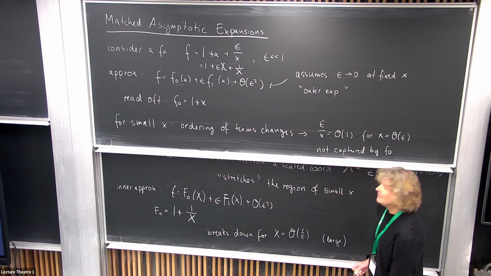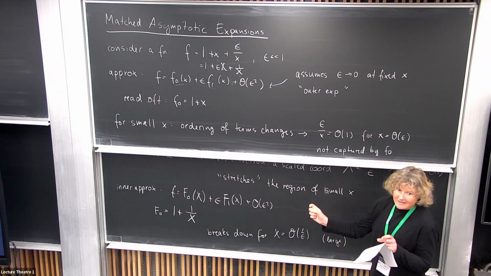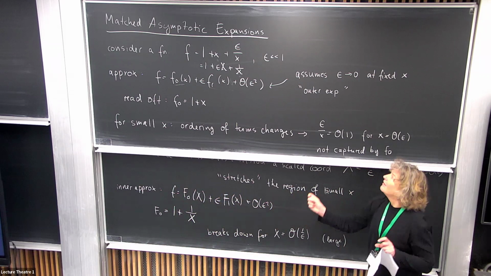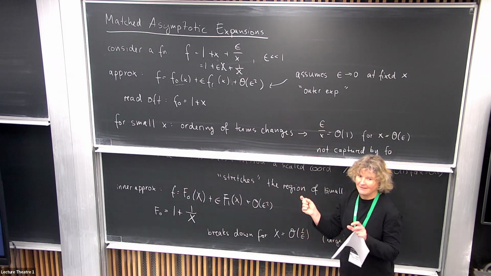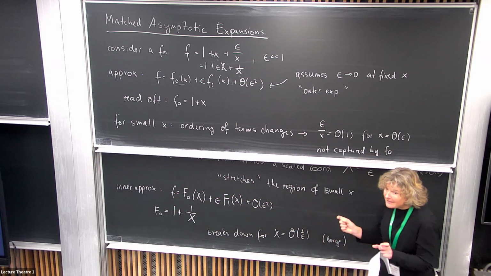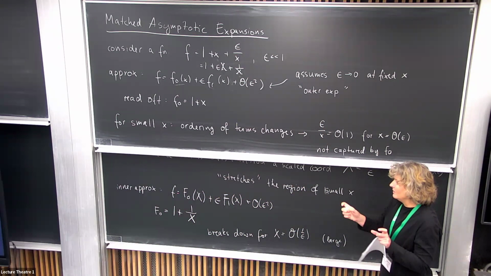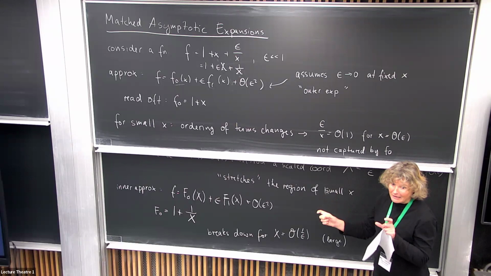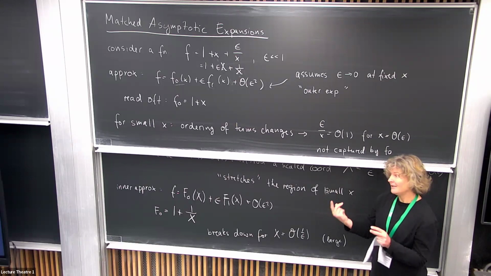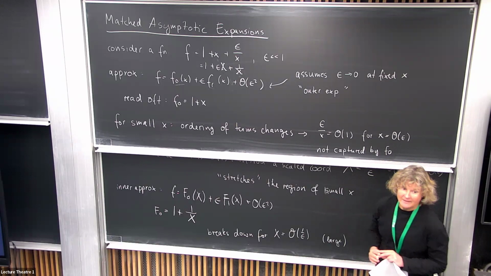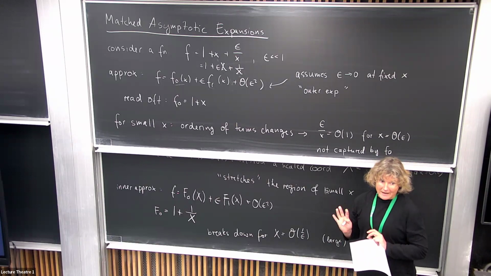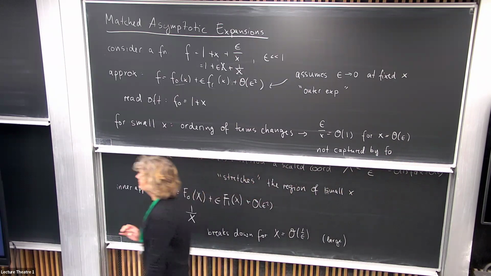Okay, so now we have one approximation for large x, meaning now the original small variable, and one approximation for small x, and both are only valid in either the large x or small x region. But there is an intermediate regime, at least in this case, where both of them are not too bad. And this you can see plotted here.